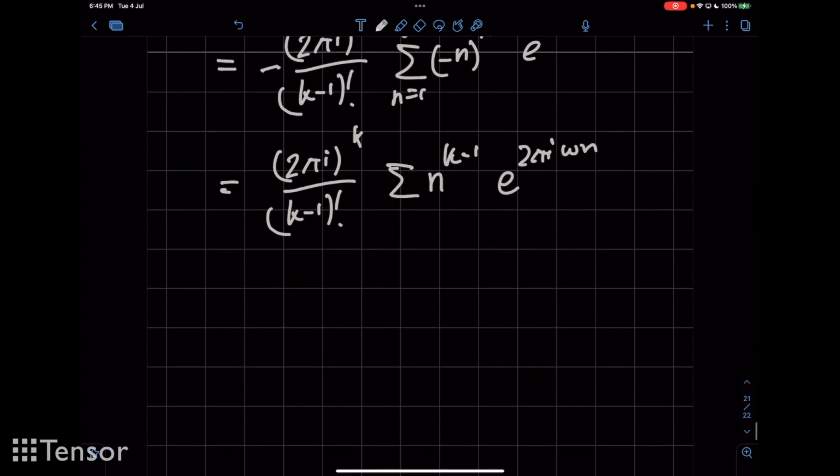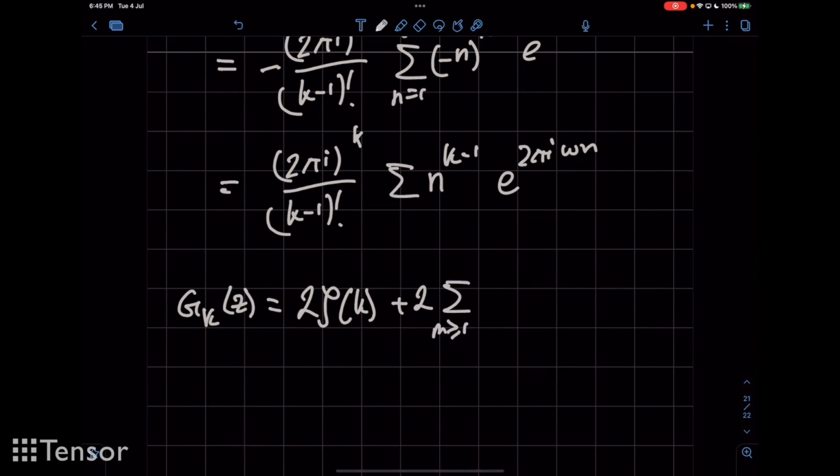Let us get back to our favorite Eisenstein series once again, G_k(z). There was 2 zeta of k plus 2 times the sum over m greater than 1 of the sum of (mz plus n) to the k. Right. We replaced mz by w.